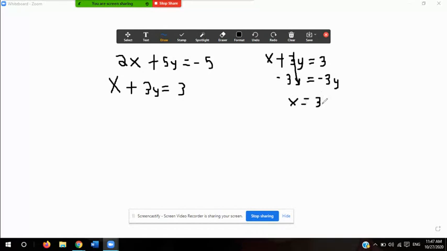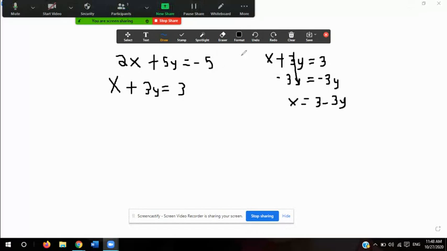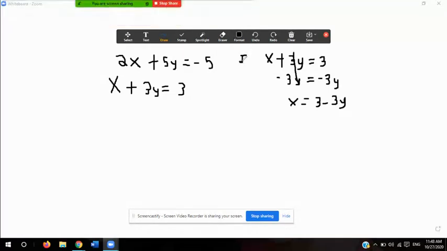Now, step 2 is to substitute. What am I going to substitute? Well, I'm going to substitute the expression that I just obtained into one of the two equations. I could technically plug it into either one, but it's just easier to substitute it into the first equation.